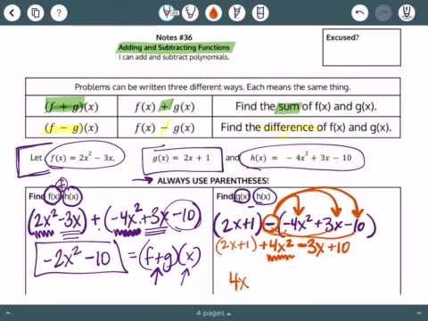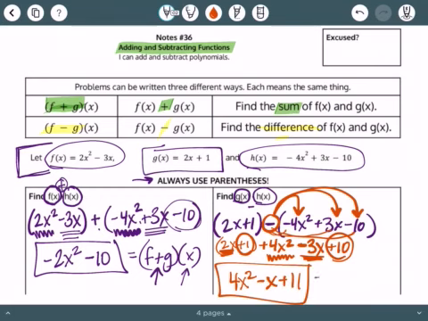I have 2x minus 3x, it would be negative x or negative 1x, and then I have 1 plus 10 would be positive 11. So I could say that this is equal to g minus h of x. Just like that. They're fairly simple.